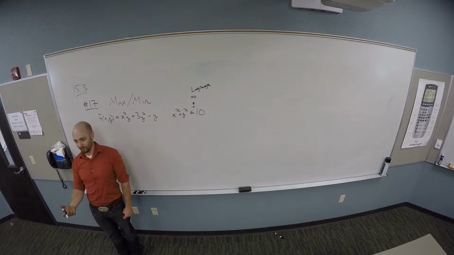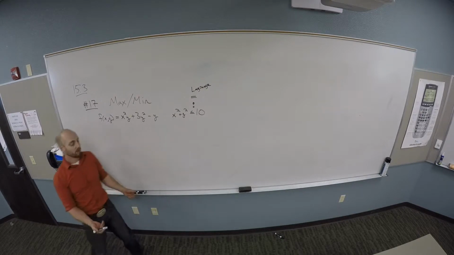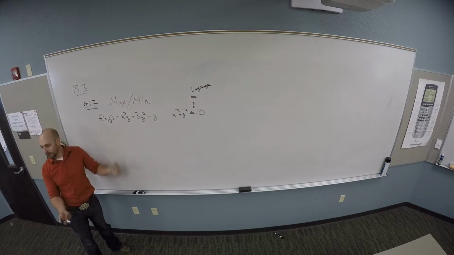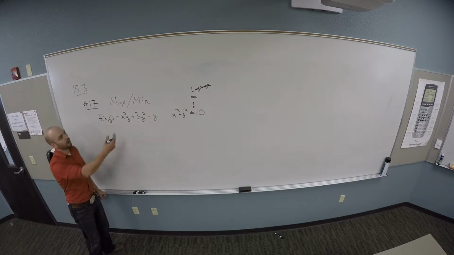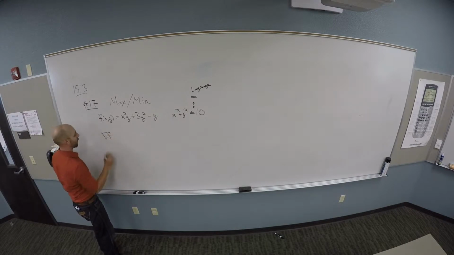Good news. To do maximizing, what do I need to do regardless of technique? Take partials. I've got to find the gradient of f at least. So let me find the gradient of both things to set myself up for Lagrange. I need the gradient of f and the gradient of g, my constraint function.